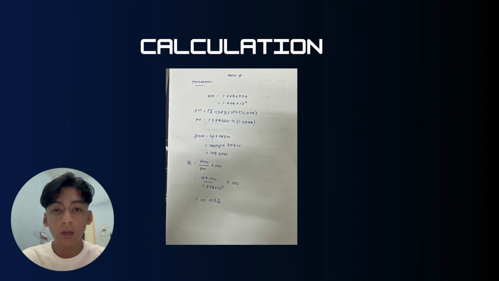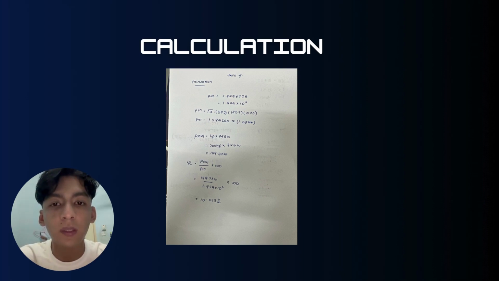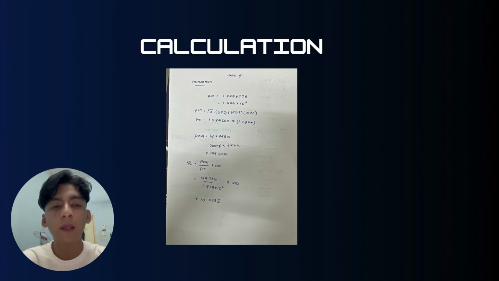What the lecturer gave to our group is 200 horsepower. For the 200 horsepower, we multiply by 746, and we get the P out. The value of the P out is 149.2 kilowatt.